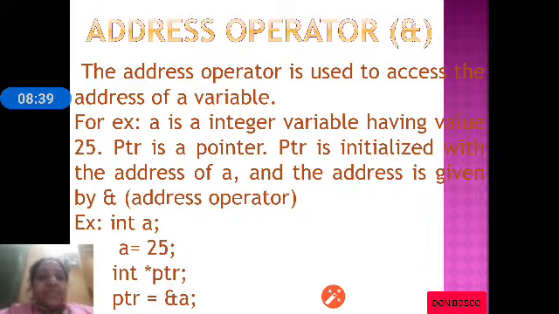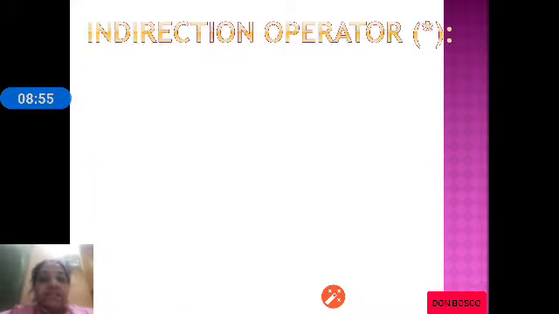So int *ptr means ptr is an integer pointer. ptr = &a means the address of a will be assigned to ptr. So & is an address operator which gives the address of a variable.